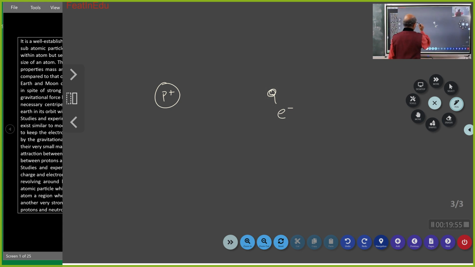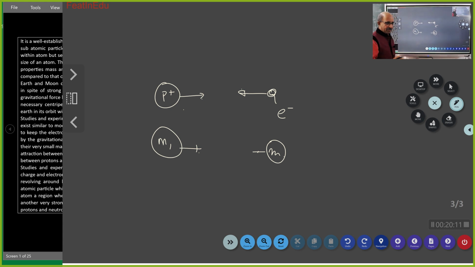Now between these two there is a force, so the proton will get attracted towards the electron, and the electron will get attracted towards the proton. Just like how two masses, M1 and M2, get attracted to each other, in the same way these two will get attracted to each other.